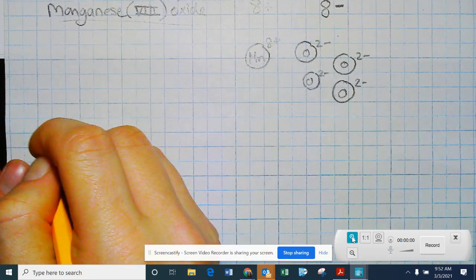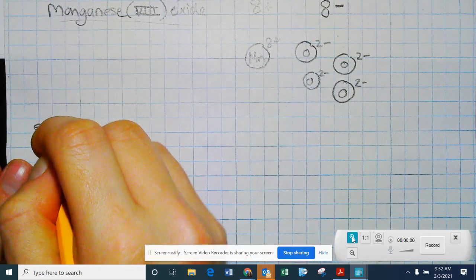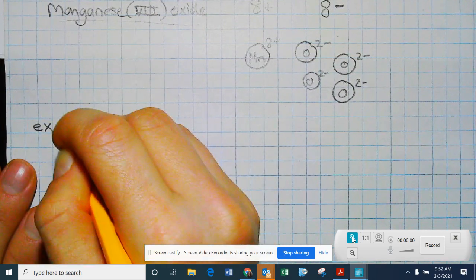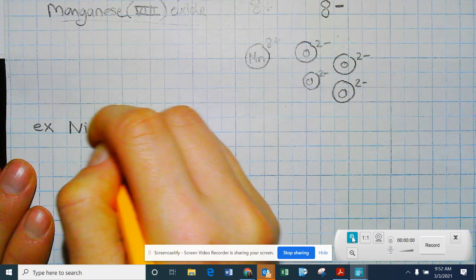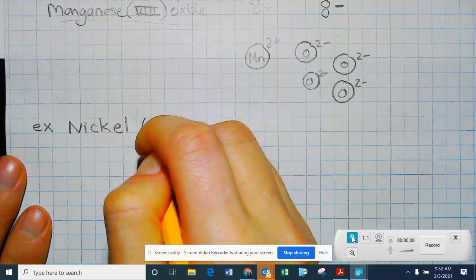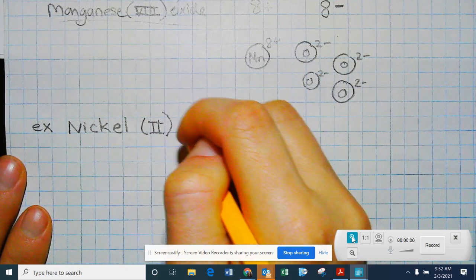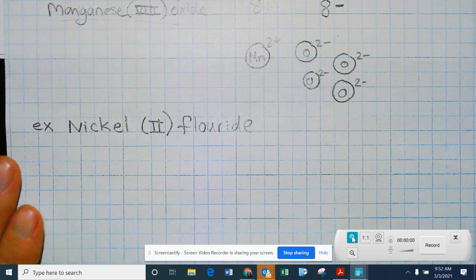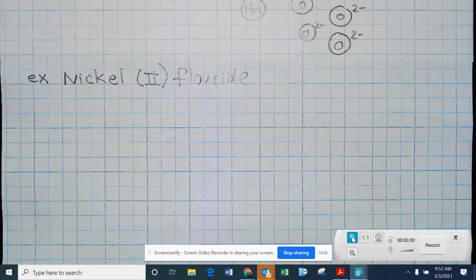Okay, so let's say I am given nickel(II) fluoride. I'm told I've got nickel(II) fluoride, and I need to figure out what the formula is for this.